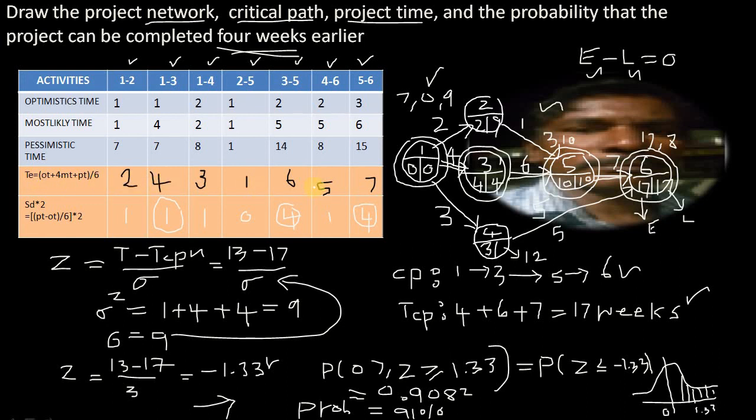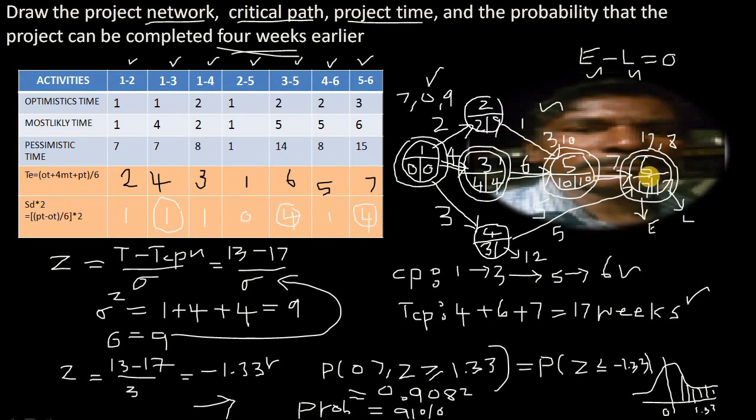Then after finding out a single time estimate, we calculate the earliest time and latest time for each and every event. After finding the earliest time and latest time, we have to give importance to the events where the latest time and the earliest time are equal, or equally the difference between them equals 0.